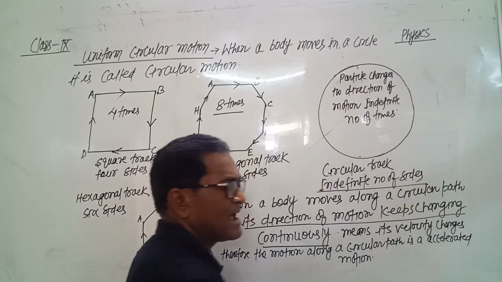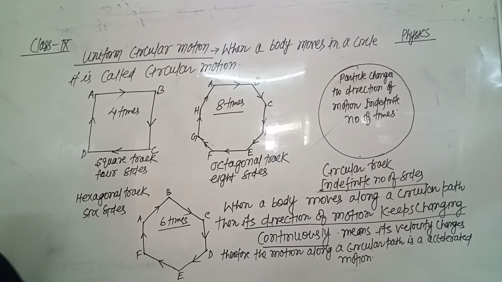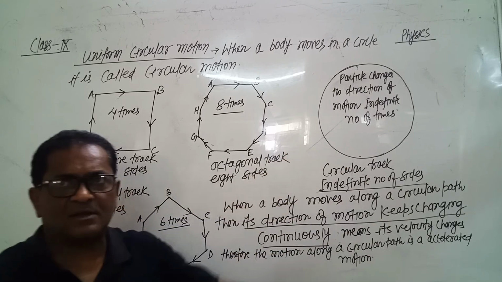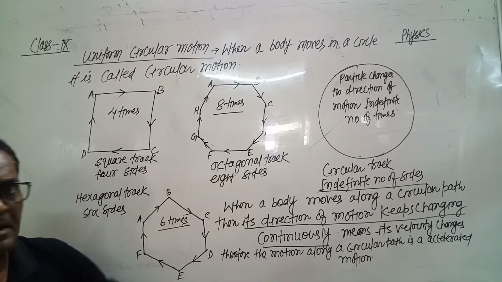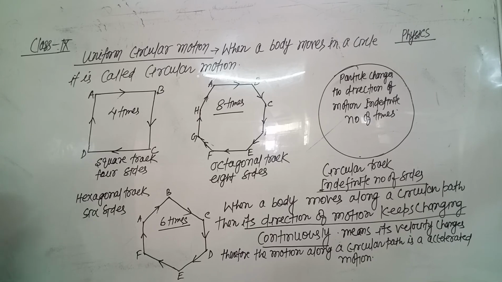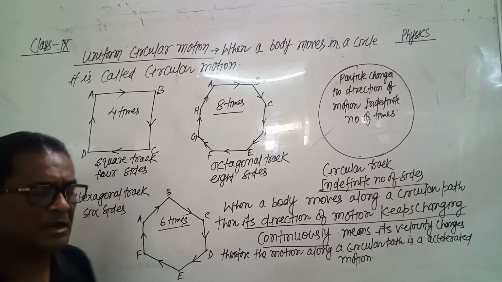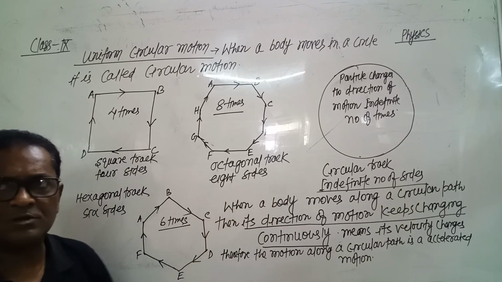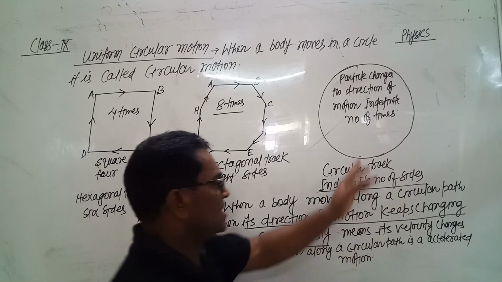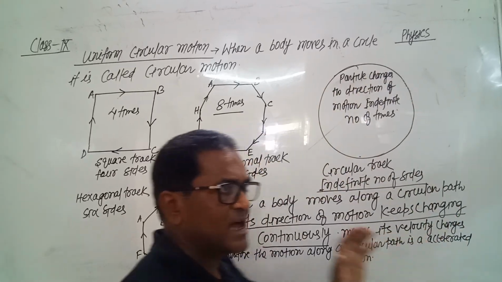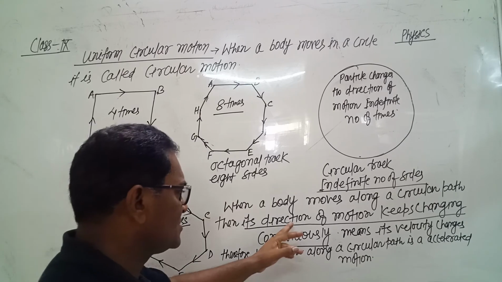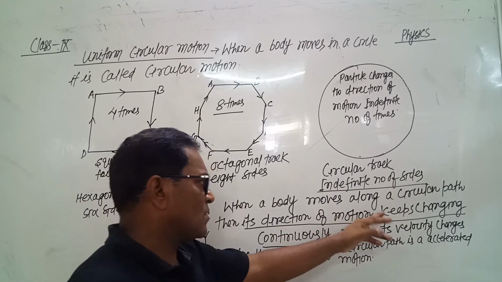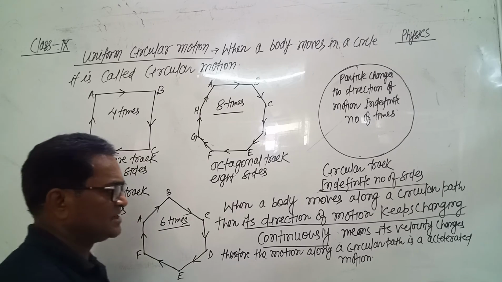In such a circular track with an indefinite number of sides, the particle changes the direction of its motion an indefinite number of times. So when a body moves along a circular path, its direction of motion keeps changing continuously.